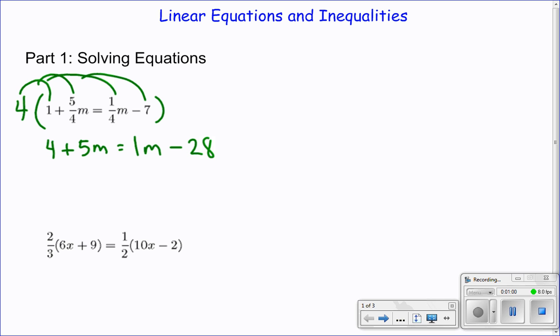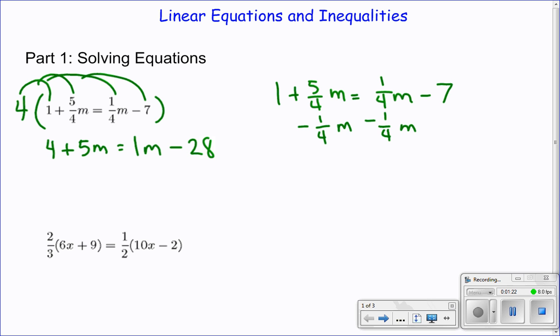If you don't want to do that, you can of course deal with the fractions. So you can also, starting over, say, okay, I'm just gonna face this challenge and deal with fractions. So you can minus 1/4 m.